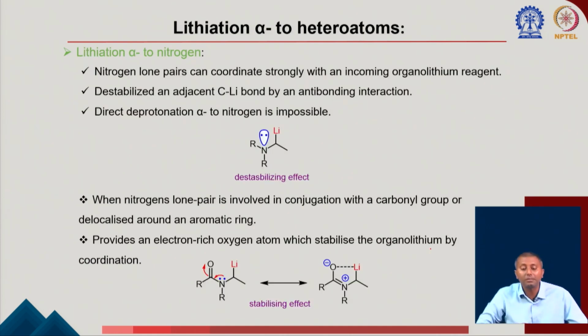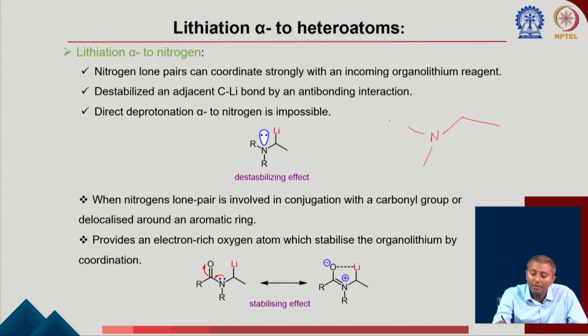So first, we are going to learn that if you have a nitrogen or oxygen atom, then what is going to happen? The alpha carbon is going to get abstracted. Now the problem is, if you have a scenario like this, the R groups play a very important role here, because the nitrogen has a lone pair, and if you use the corresponding alkyl lithium, it is going to abstract this proton.